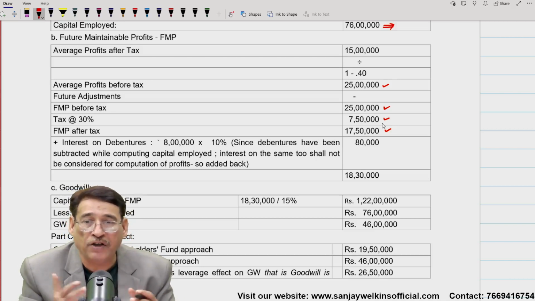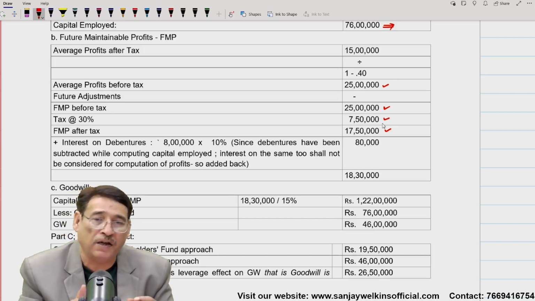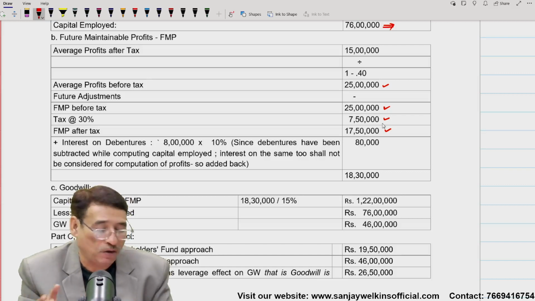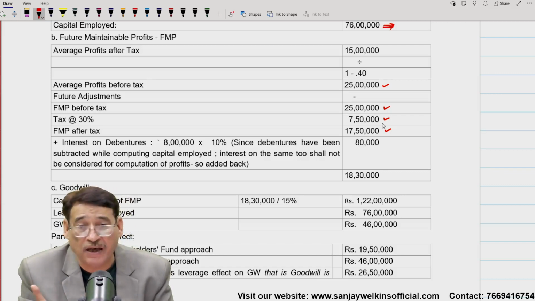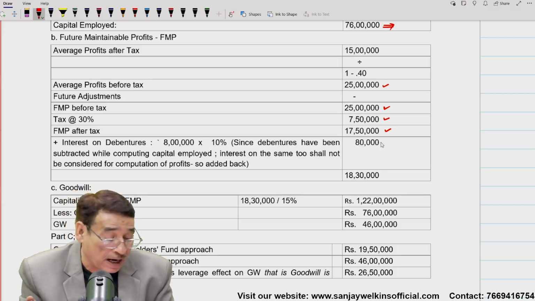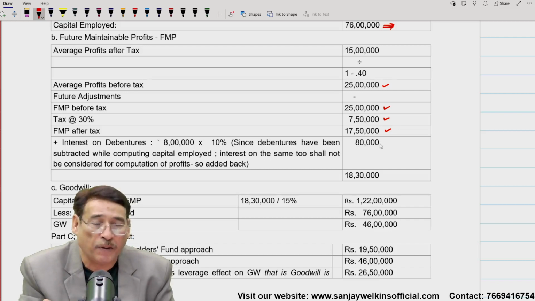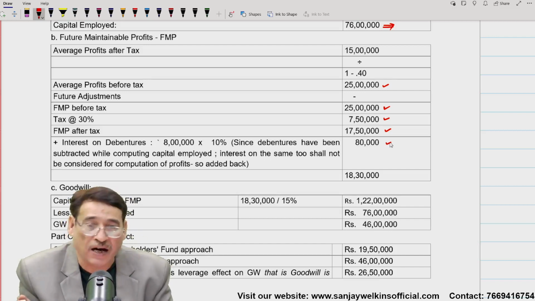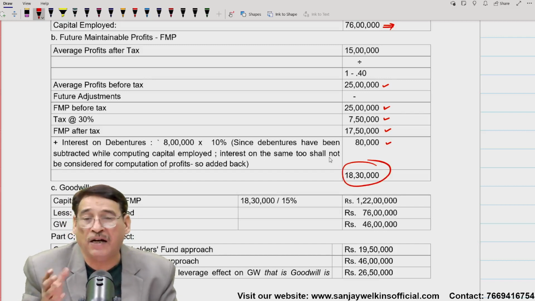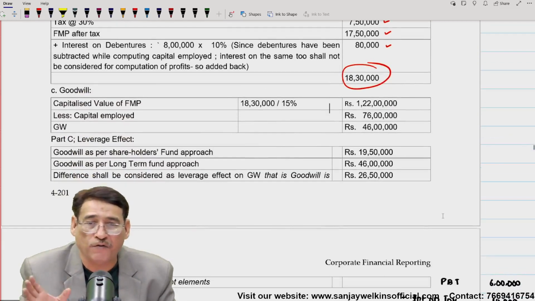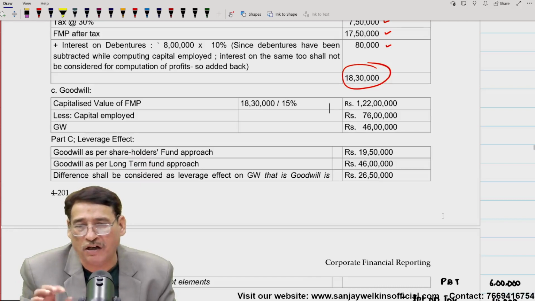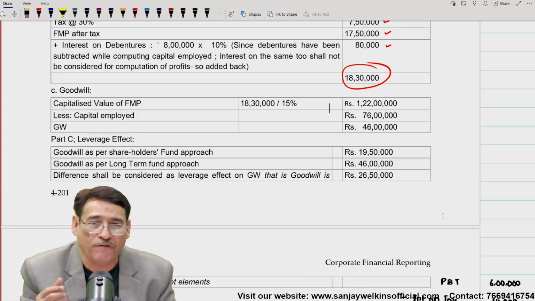Because you are not considering debentures as a part of liability, quite obviously you will not consider interest on them as an expense either. That is the reason the interest which you have hitherto paid will be added back. So the only difference is that now, instead of 17 lakh 50,000, 18 lakh 30,000 will be considered as your future maintainable profit. This is the only difference when you apply the long-term fund approach.